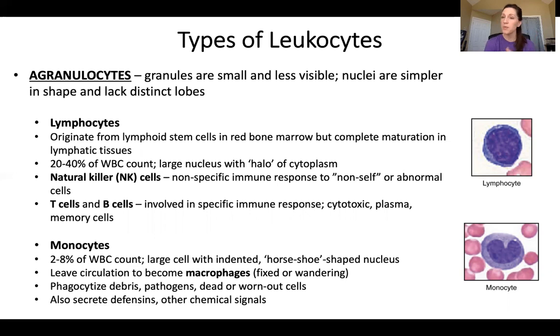And then compare that with T cells and B cells. Again, there's a lot of detail that we'll go into about those types of cells, and they have lots of different jobs. But a good contrast to start with between NK cells and T cells and B cells is that T and B cells are going to be part of your adaptive immunity or specific responses to particular types of antigens. So these are going to be the cells that are responsible for producing antibodies.